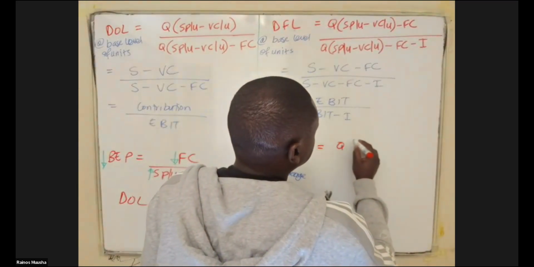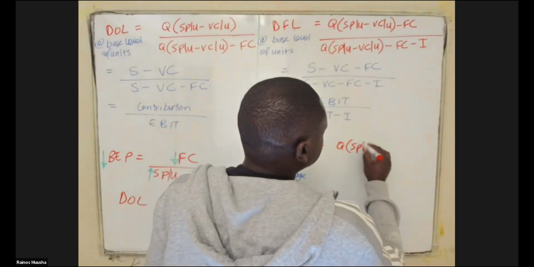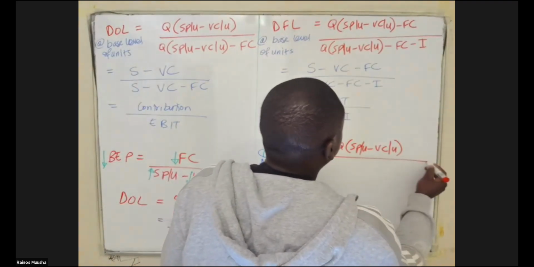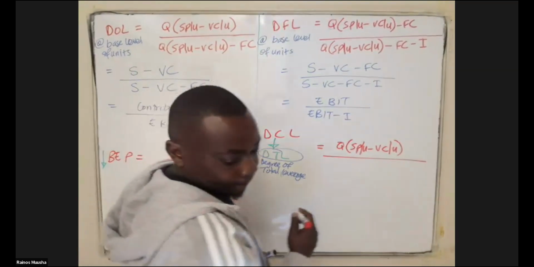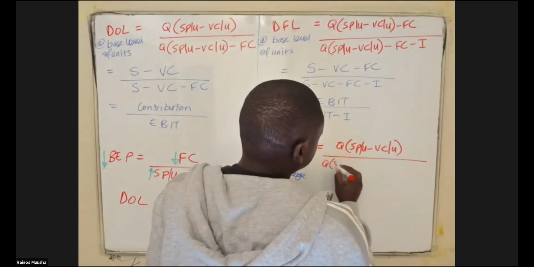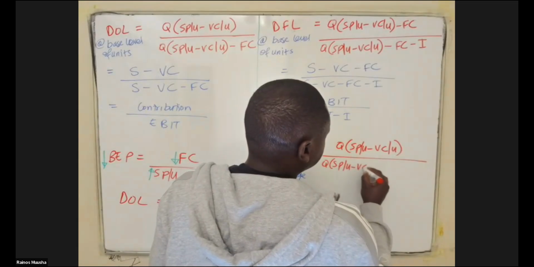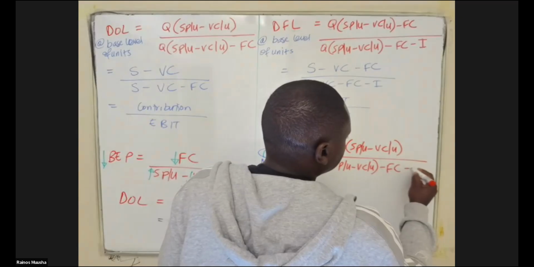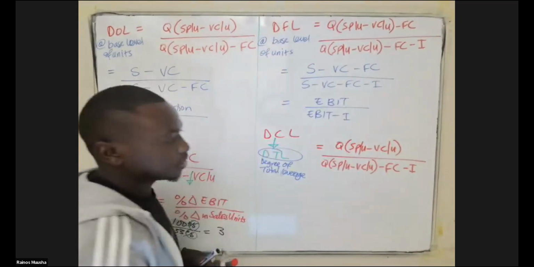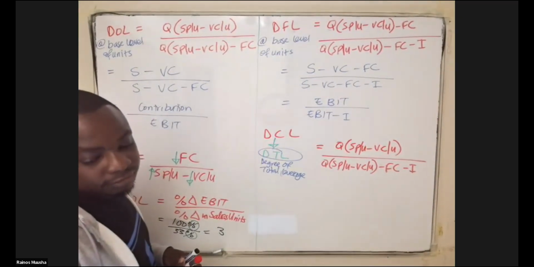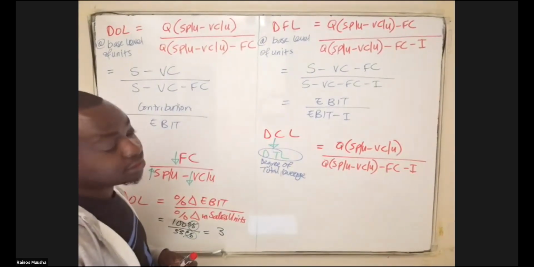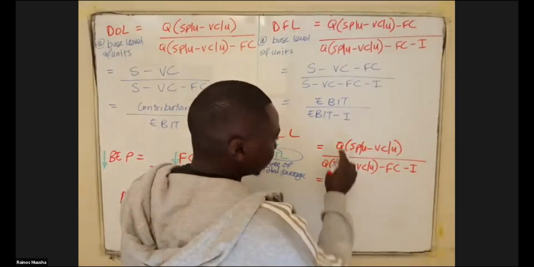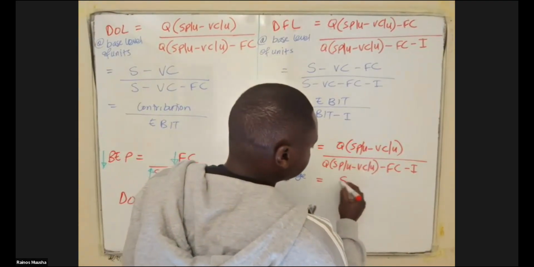your quantity times selling price per unit minus variable cost per unit, divided by your quantity times selling price per unit minus variable cost per unit minus your fixed costs minus your interest expense. So this will give us the degree of combined leverage. Now, if you expand this equation, your quantity times selling price per unit gives you total sales.